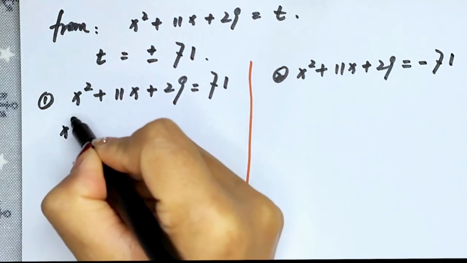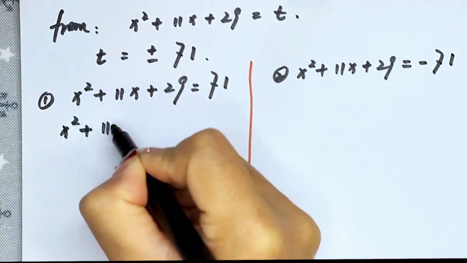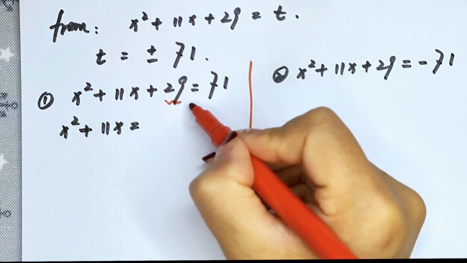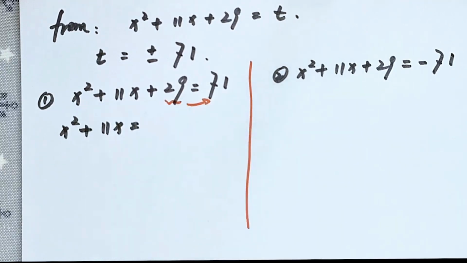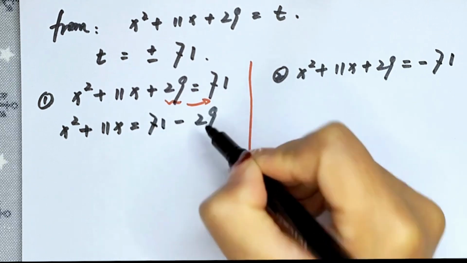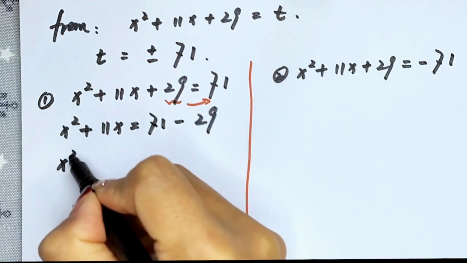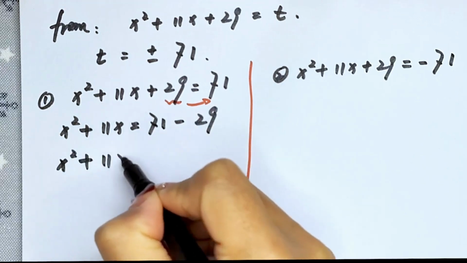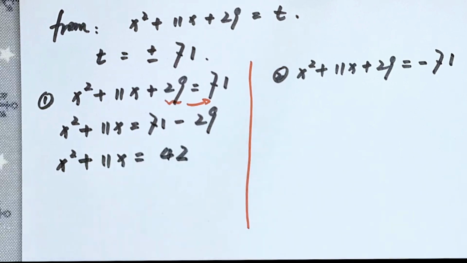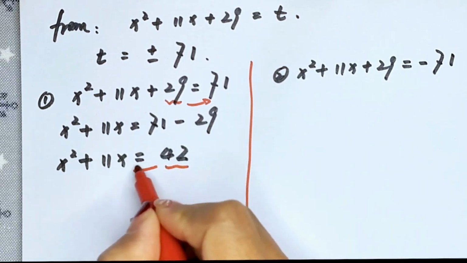So x squared plus 11x equals, we take this to the right side, 71 minus 29. So x squared plus 11x equals 42. Now we take this to the left side.